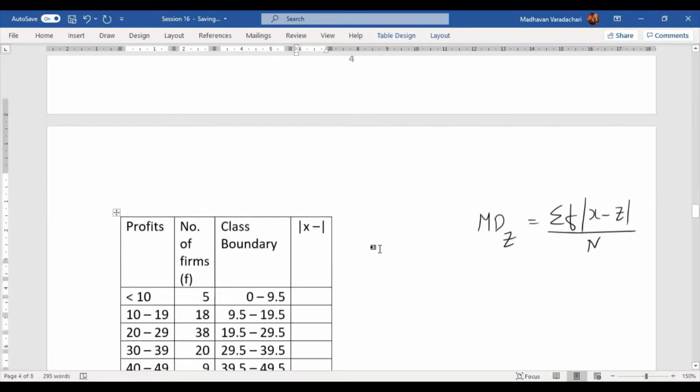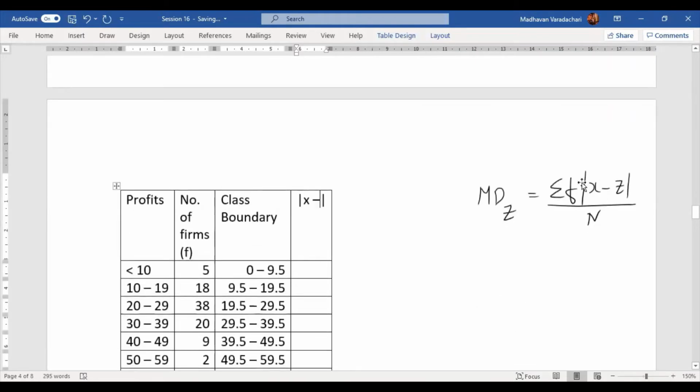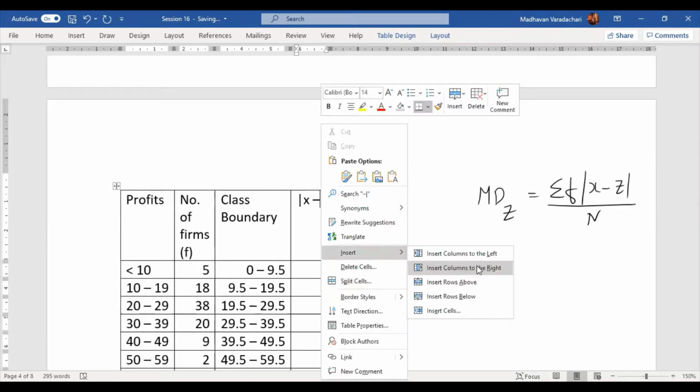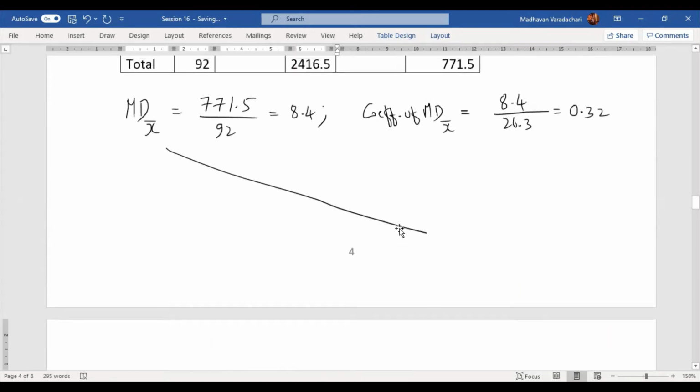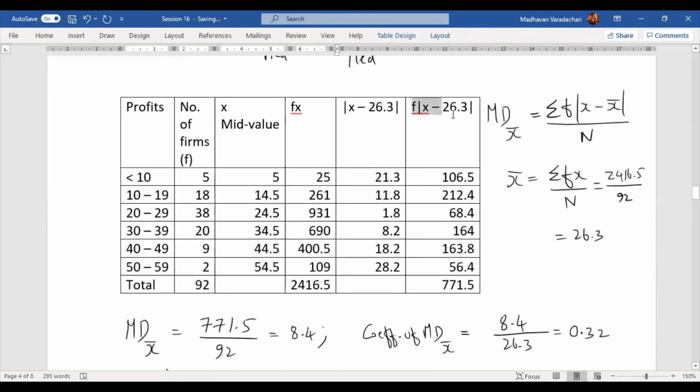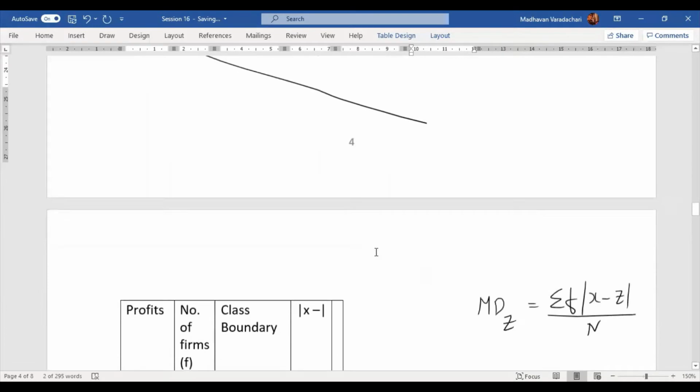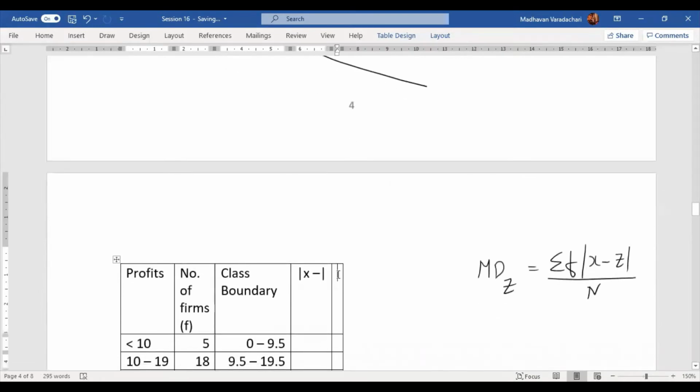And we will also have one more column for calculating this f times. And I will again copy this there. I'll again remove this 26.3.